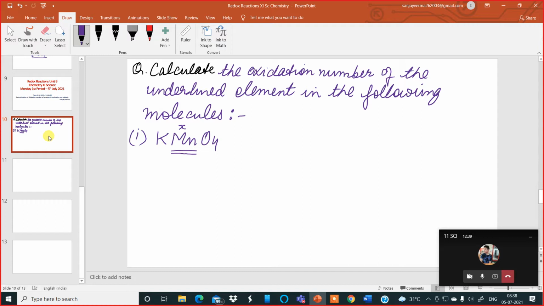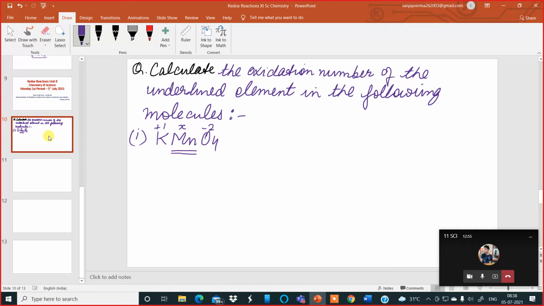Potassium, we know its valency. Its oxidation number is +1. Oxygen, we know its valency is -2. So write those oxidation numbers above the symbol of these elements.